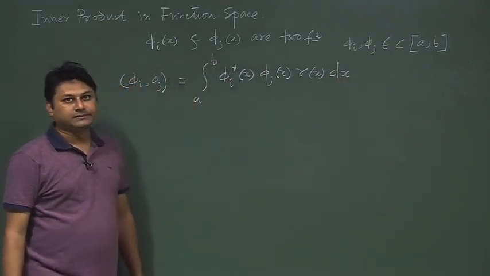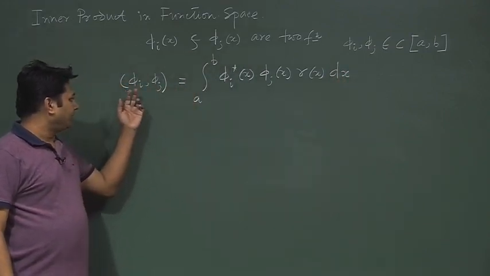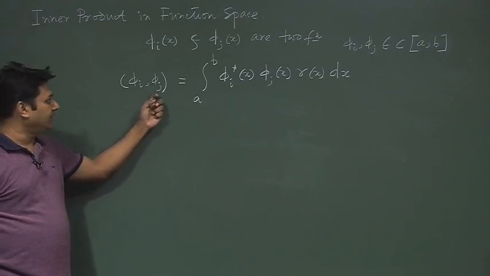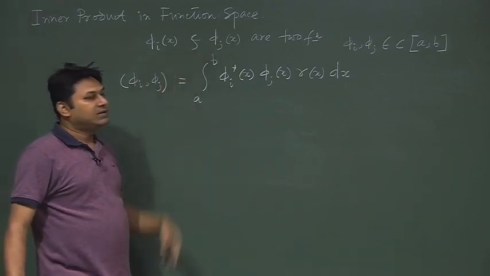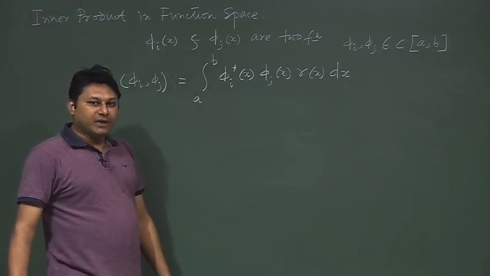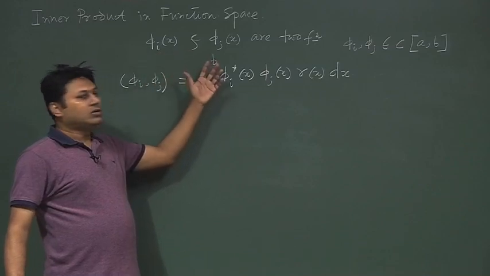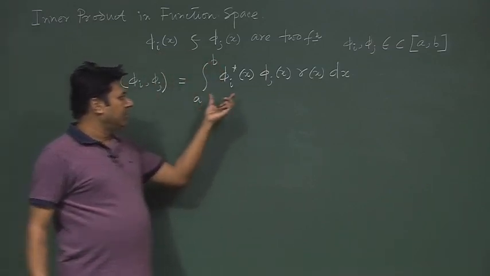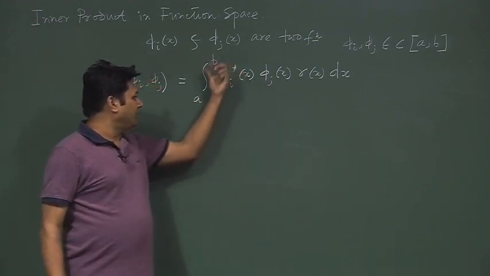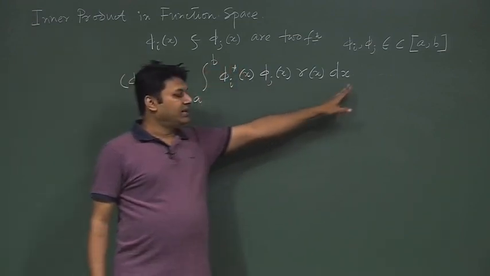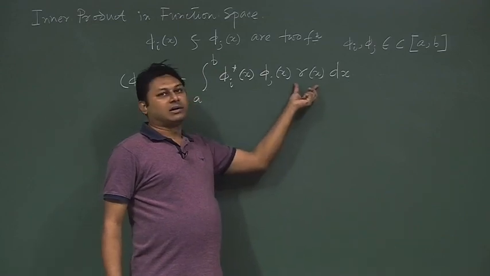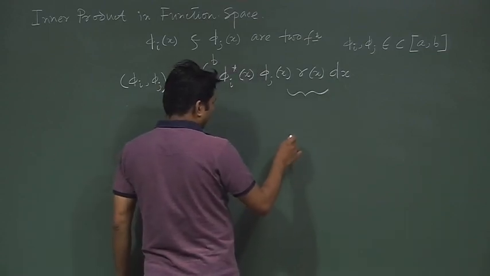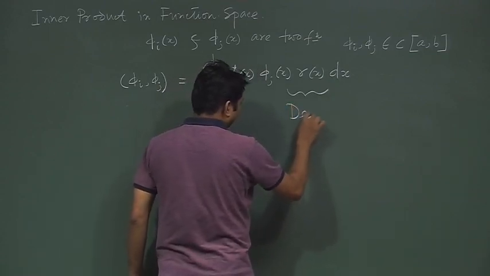Now this is interesting. I have two functions in my hand, phi i and phi j. I am saying that these two functions are two elements in the function space. I want to define the inner product of these two functions, and I am saying that by definition the inner product is this multiplied by this, and I will take the integration a to b over dx with a function r multiplied. This r function is normally called the density function or weight function.